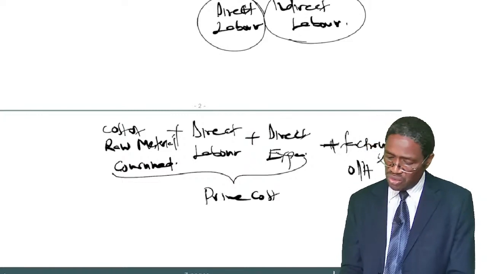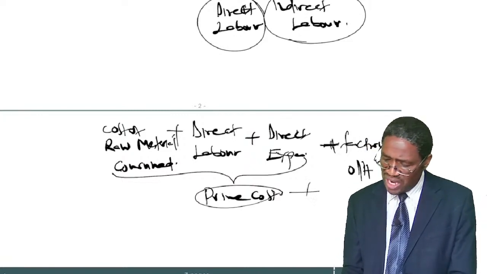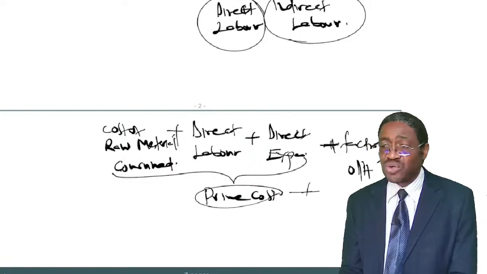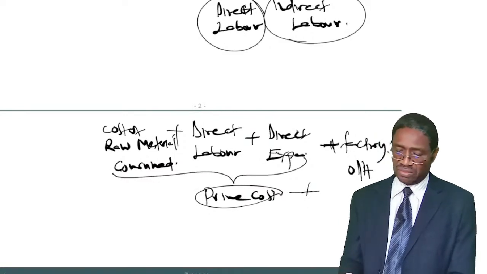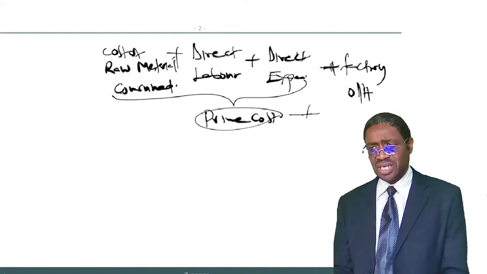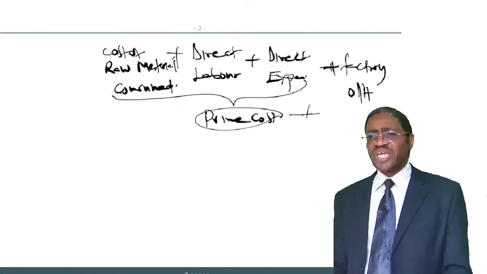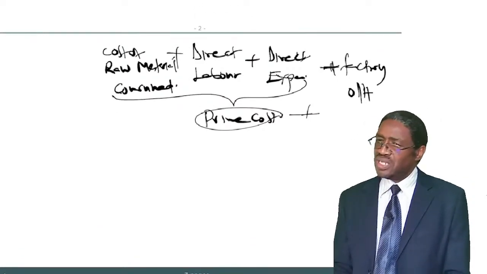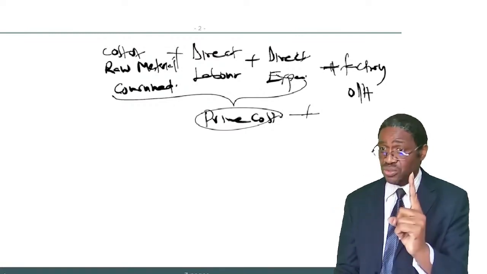Once you get the prime cost, then you add to that what we are calling the factory overheads. Now listen. Where shall we be classifying the indirect materials? I want you to listen carefully.